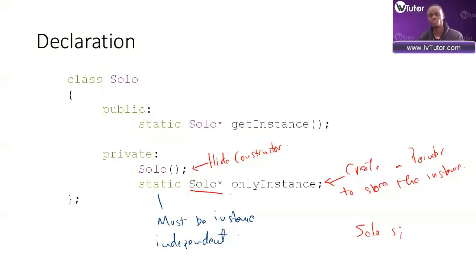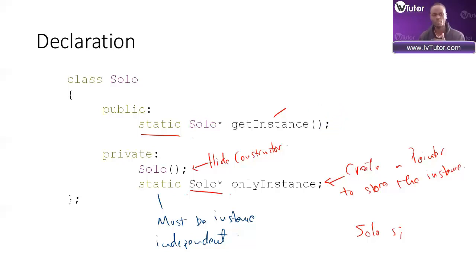And the last thing that you do is expose a function that you are going to use to give whoever wants an instance that instance. So this here is also static. Why? Because you will see in the next slide that this function requires access to this variable, because this function is merely just returning this instance. But because the variable is static, the function is also required to be static.